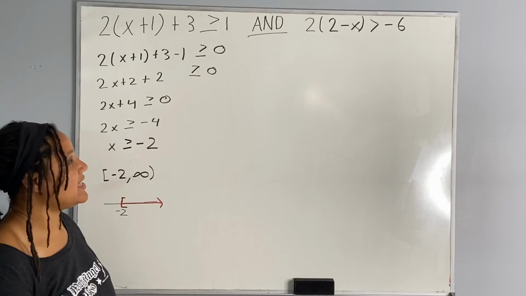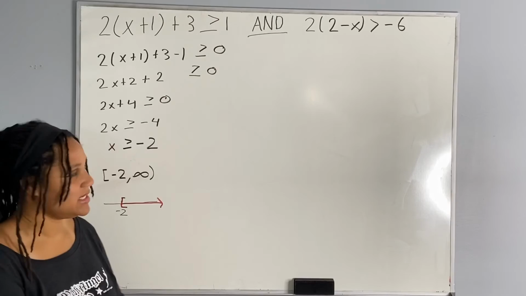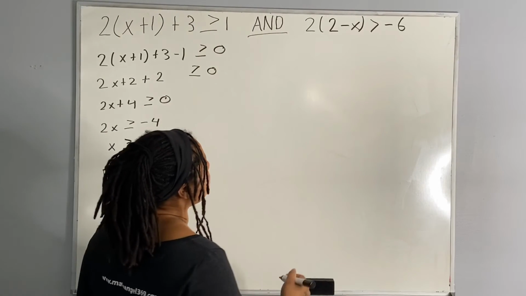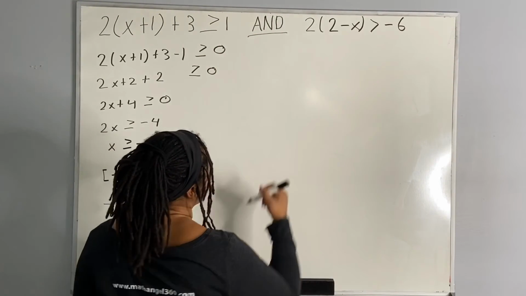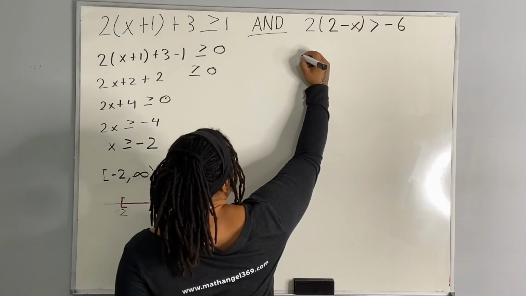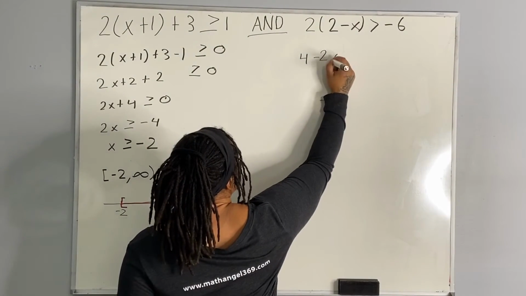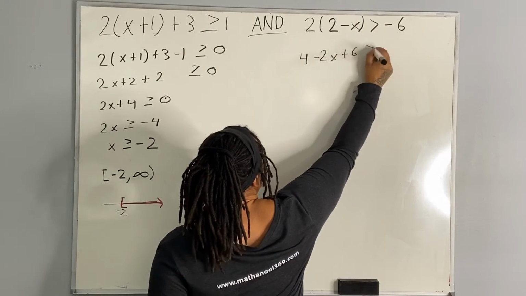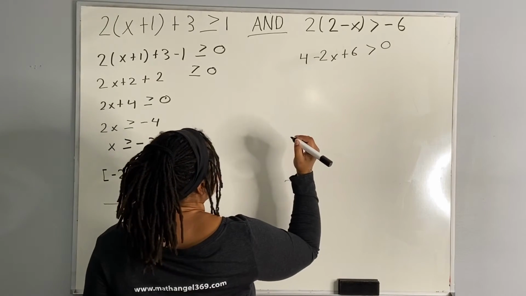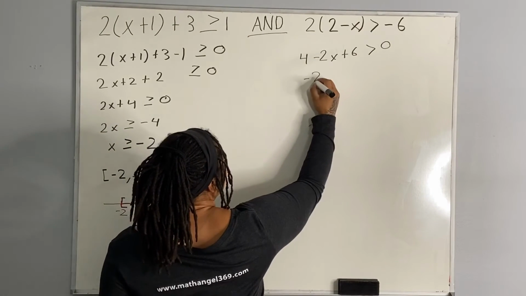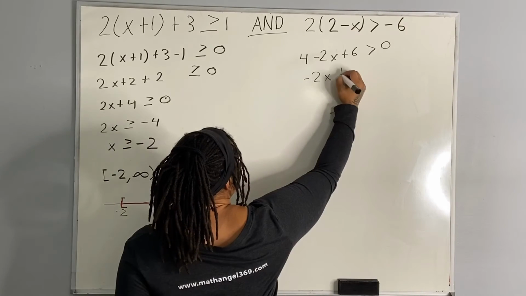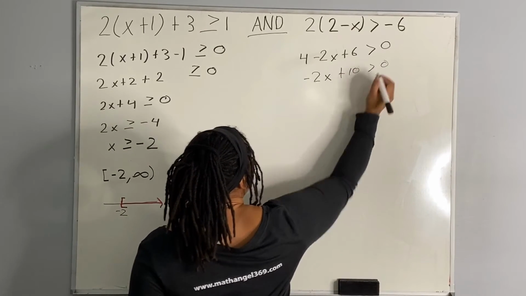Now let's look at the other inequality. So I'm just going to bring the negative 6 over, and at the same time I'm going to go ahead and distribute the 2. So we get 4 minus 2x plus 6 is greater than 0, which means we get negative 2x plus 10 is greater than 0.